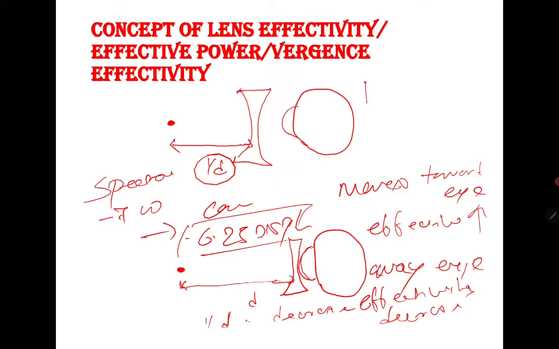The new power of the contact lens is the earlier power divided by 1 minus d upon power. So this is the old power, this is the new power, which is the contact lens power, and this is the spectacle power also, we can say. d is the vertex distance, which sometimes we must calculate. So the formula is easy, there is no debate in this.